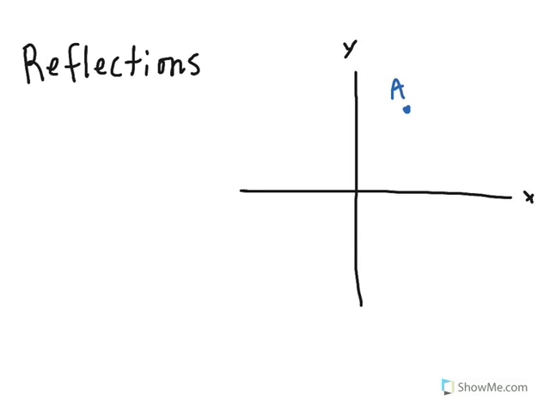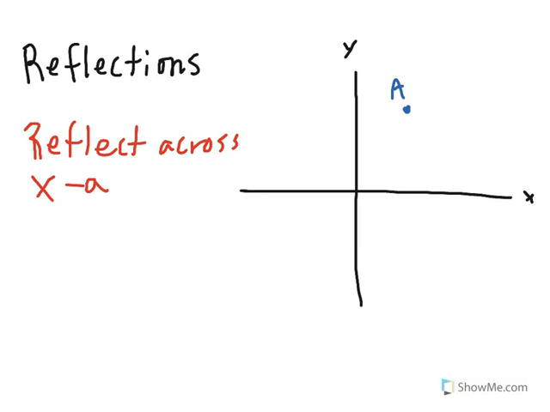But if I find this point A, and I was asked to reflect it about the x-axis, so sometimes you'll be asked to do something like this: reflect about or across the x-axis. And what does that really mean?